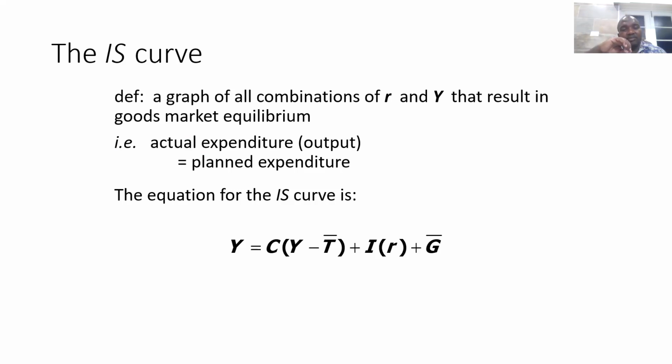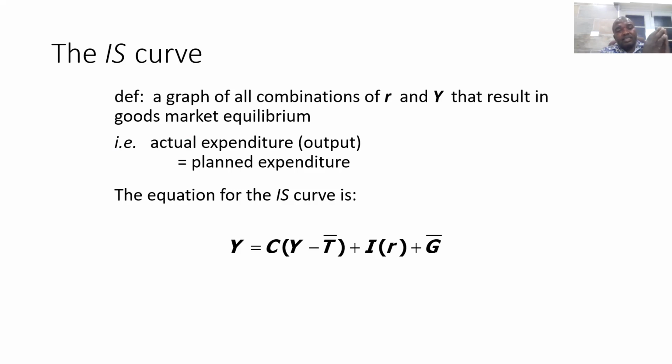The IS curve is a downward sloping graph which illustrates equilibrium points. Those equilibrium points coordinate your interest rate on the vertical axis and your real level of national income on the horizontal axis. What does this illustrate?